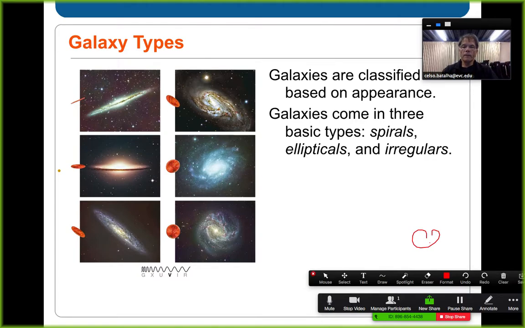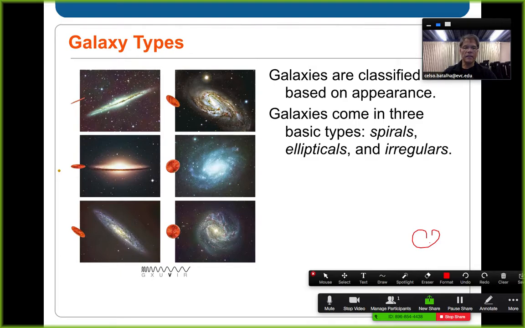Galaxies are classified based on their appearances. You have primarily spiral galaxies, those that appear on the right-hand side of this image, and elliptical galaxies that have an elliptical shape.